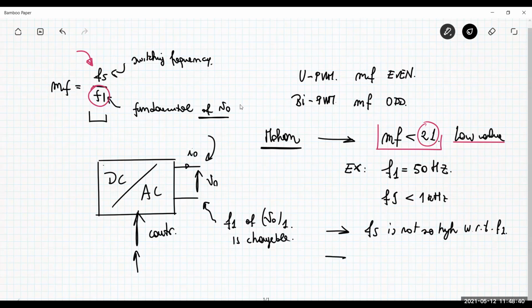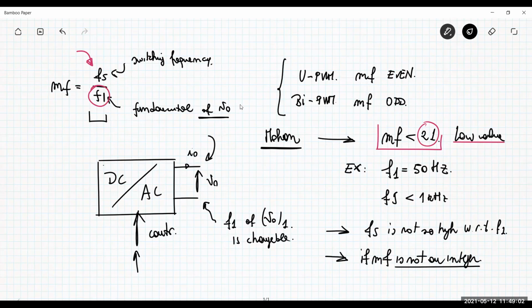The second consequence of this not so high value of MF is that if MF is not an integer, like for example the requirement I have discussed before, MF even or odd, depending if you are in a unipolar or bipolar modulation respectively, in order to simplify your output spectrum.